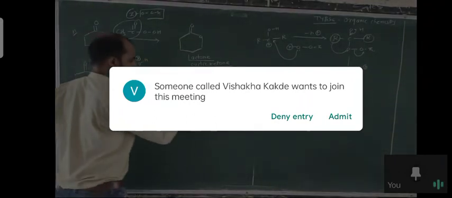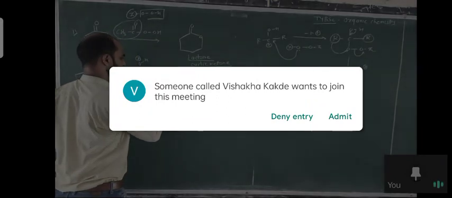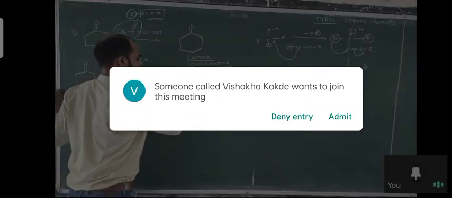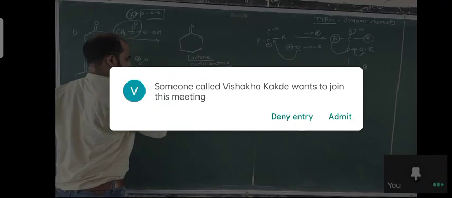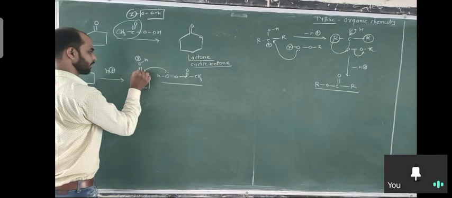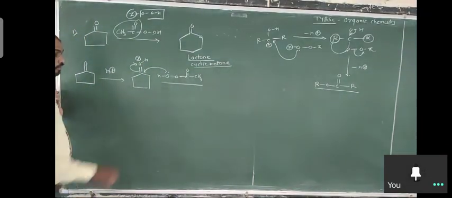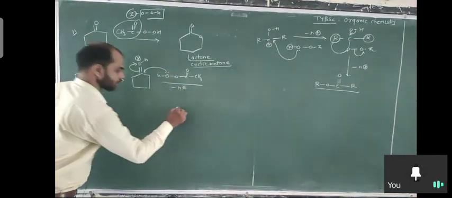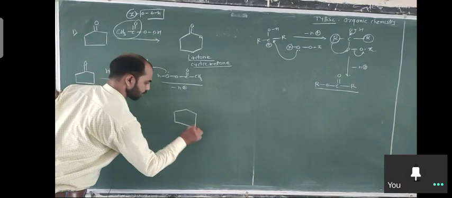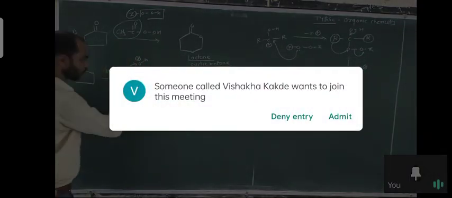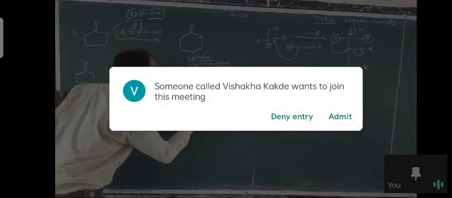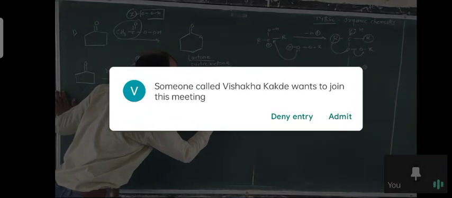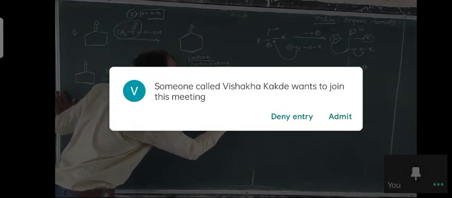You can directly use the peracid here. So the lone pair attacks here, this is the delocalization. And here is the loss of H plus. After this, what happened? This will be converted into OH and the remaining O-C double bond O-CH3.